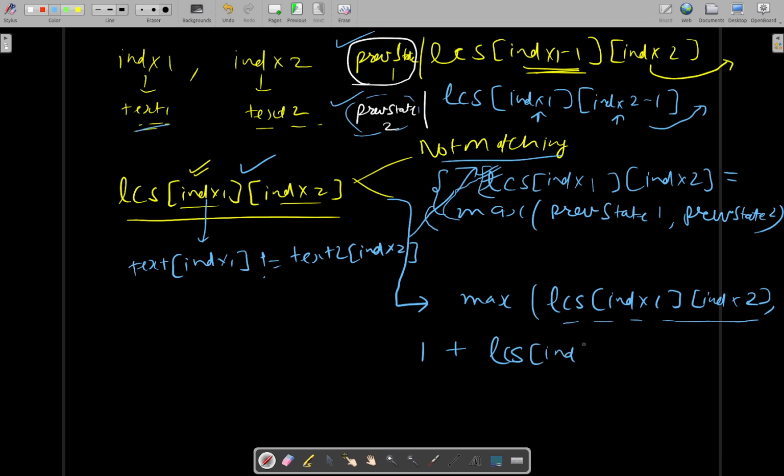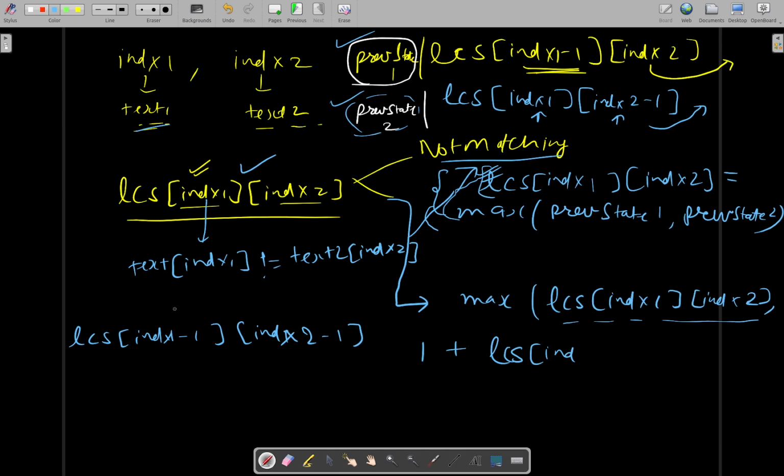Okay, so this could have been the case like LCS of index 1 minus 1, index 2 minus 1.